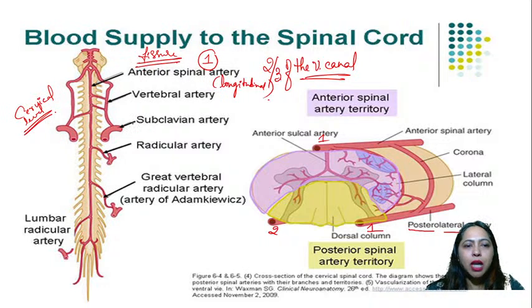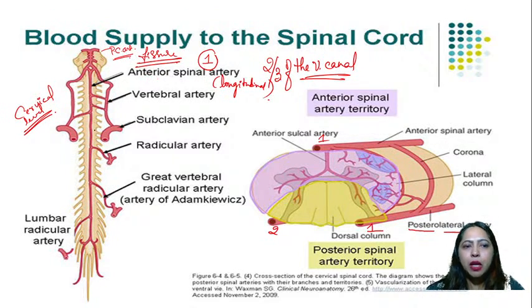So this is how the subclavian artery gives the branch vertebral, how it ascends upwards and how it gets into the foramen magnum, how it lies against the pons, and you can see the pontine branches. All that is beautifully done. And last is the posterior cerebral artery.